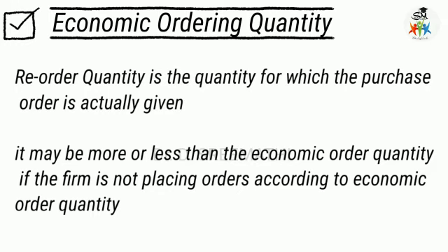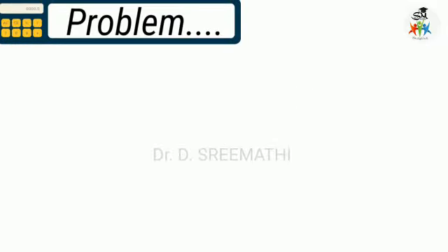In case of absence of information on economic ordering quantity, the reordering quantity can be taken as the economic ordering quantity. This can be easily understood by having one problem. Let us see the problem.